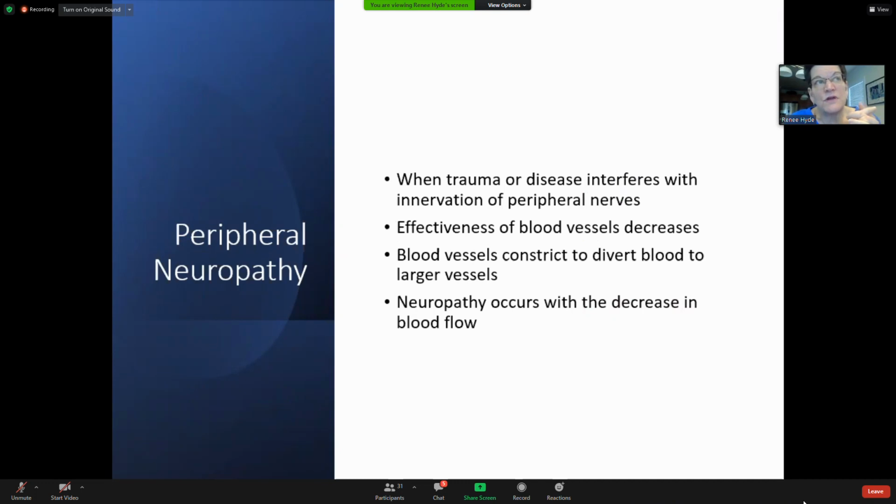Usually that's when a trauma or disease interferes with the innervation of peripheral nerves. And so what you will see is that the blood vessels decrease, okay?